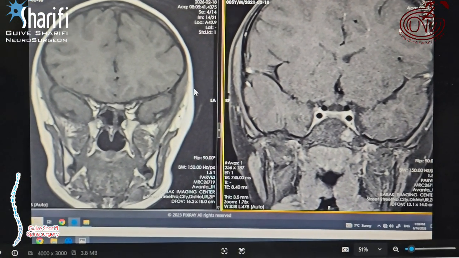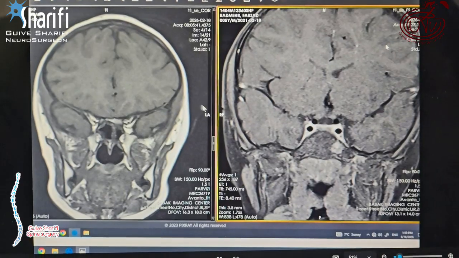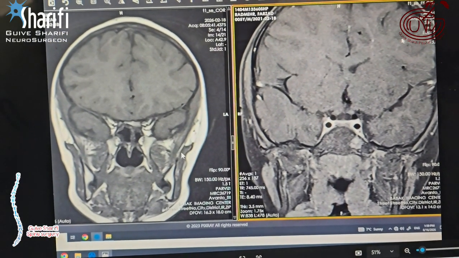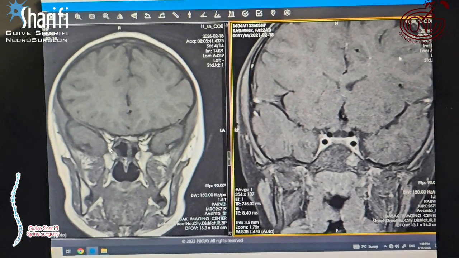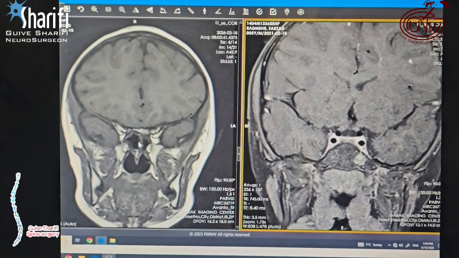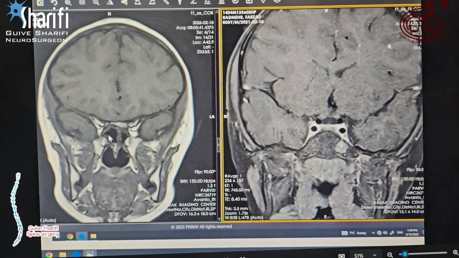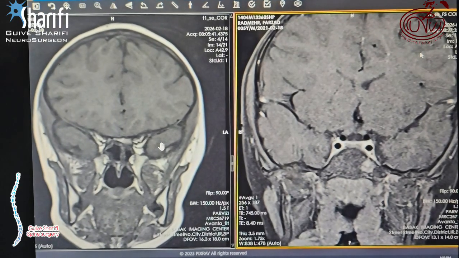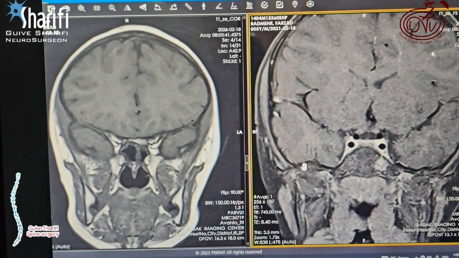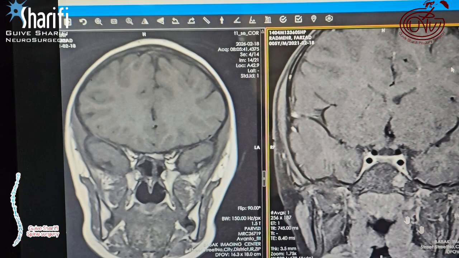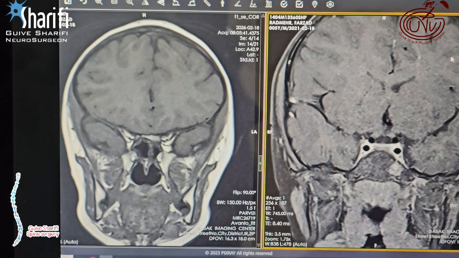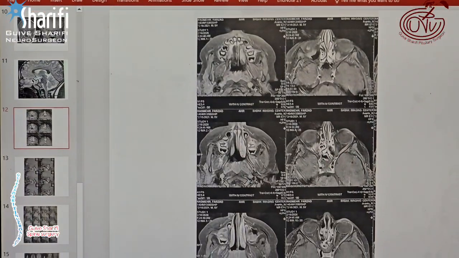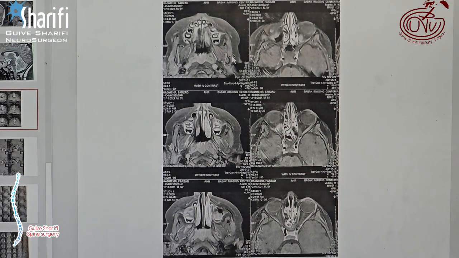It seems that there was a medial rectus palsy in the right eye, and interestingly, in the evaluation, we found a very interesting isosignal intensity in the right sphenoid and ethmoid area, and at the same time a signal void area exactly at the same location, with isosignal intensity in T1.